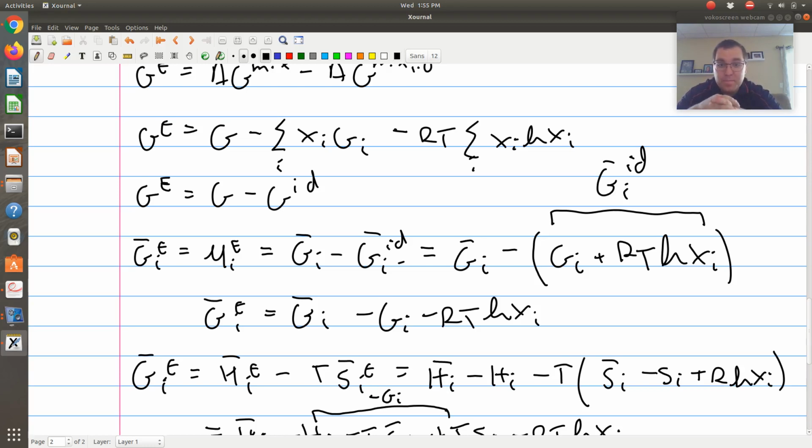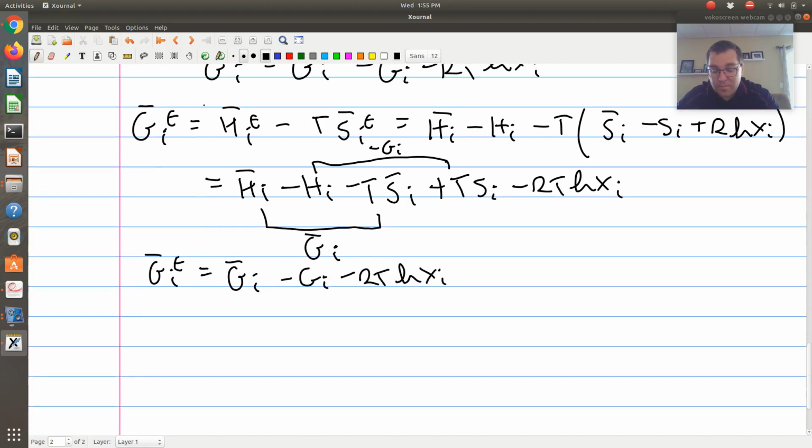And so if I look at this expression for GE, which is G minus sum over i xi Gi minus RT sum over i xi log xi, you should recover exactly that. Your excess property is going to be 0 in the pure component limit. So let's write it down for a binary mixture.